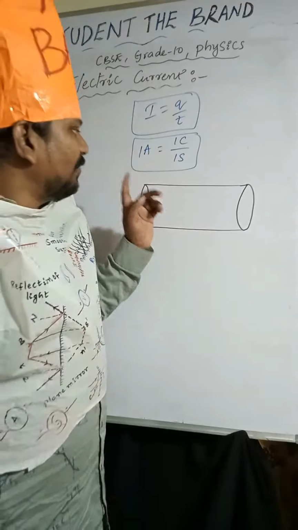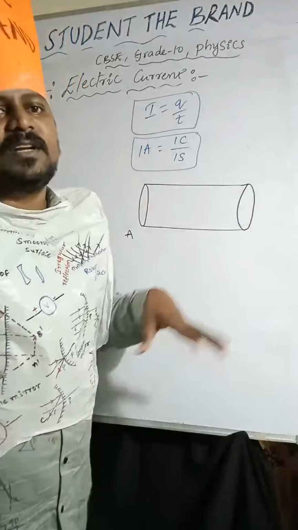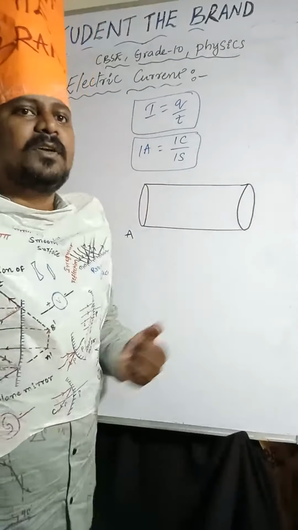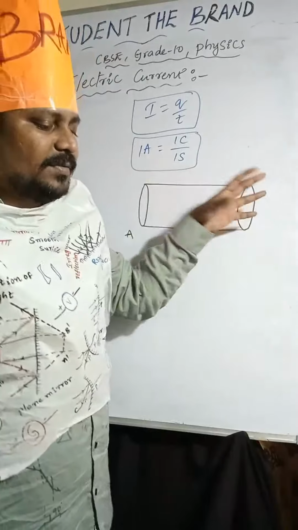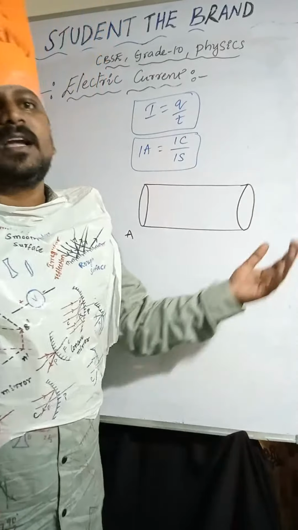Right? Yes. So I have one question. If only one electron flows inside the conductor, will you say current is flowing? Only 2 electrons, only 3 electrons? No, we can't say like that.